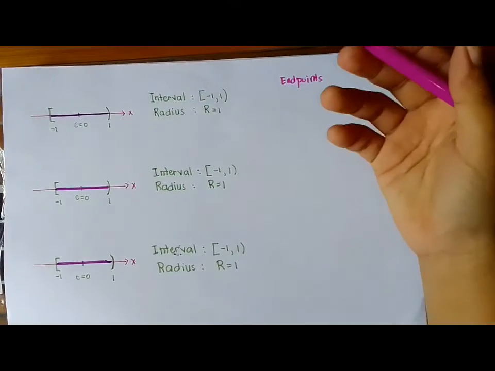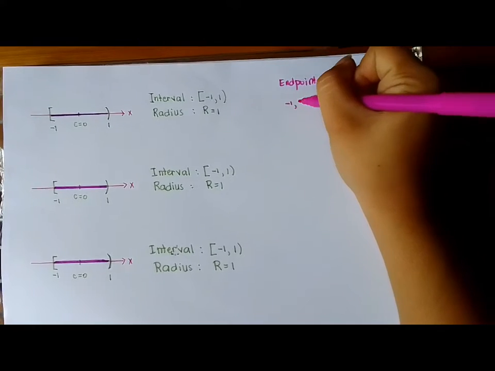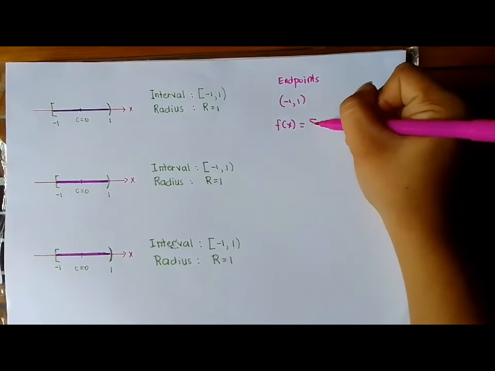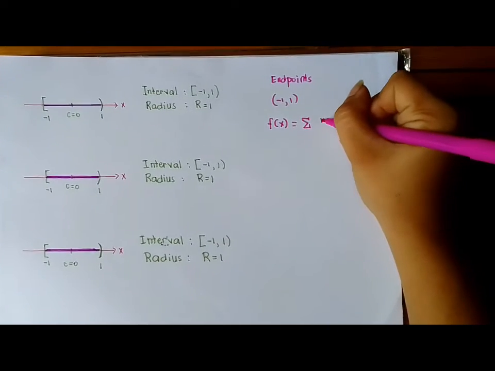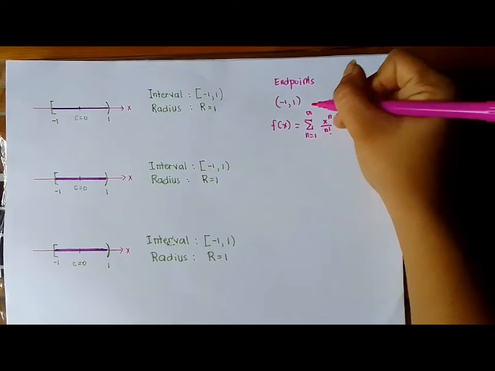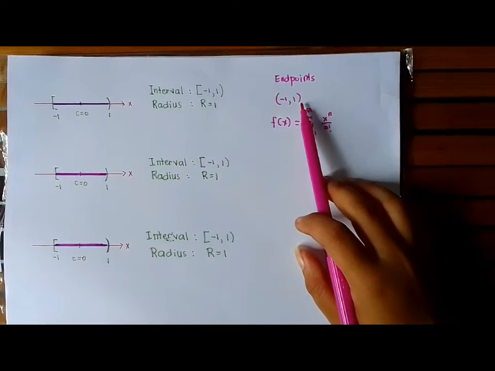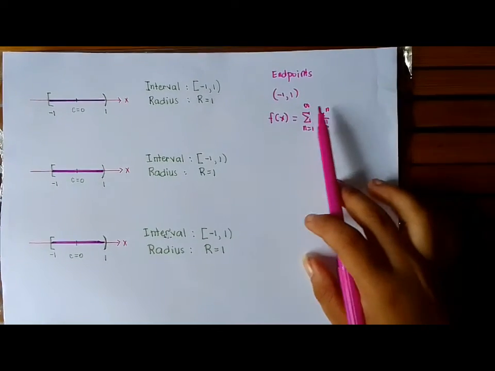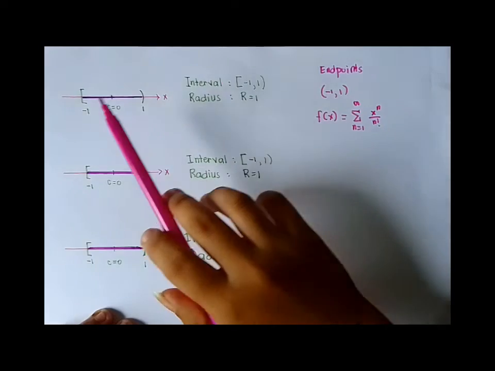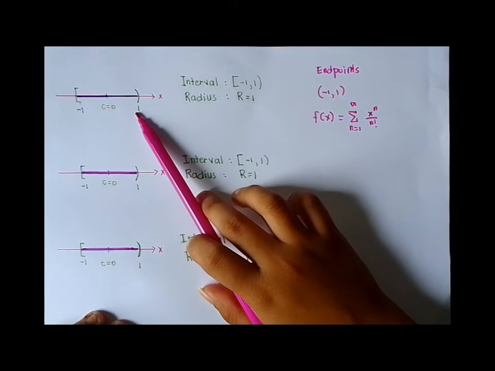And for the endpoints, you're going to substitute your interval endpoints negative 1 and 1 into the given function f of x equals the sum of x to the power of n over n factorial as n equals 1 until infinity. After substituting the interval of convergence negative 1 to 1 into this given function, it is found that the function is convergent at negative 1 and divergent at 1.